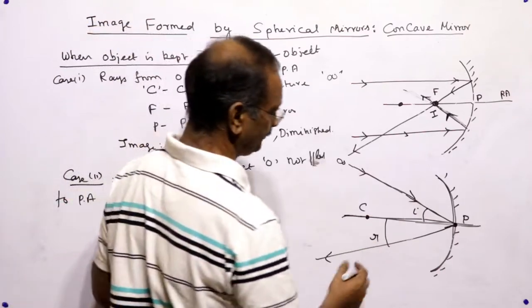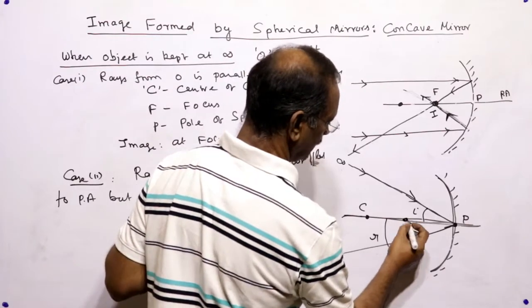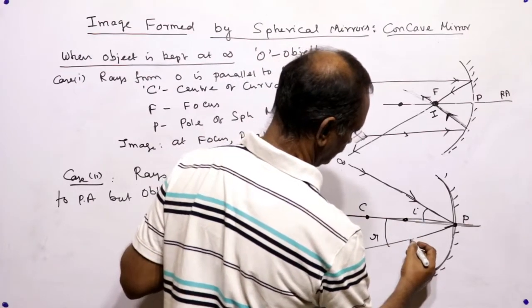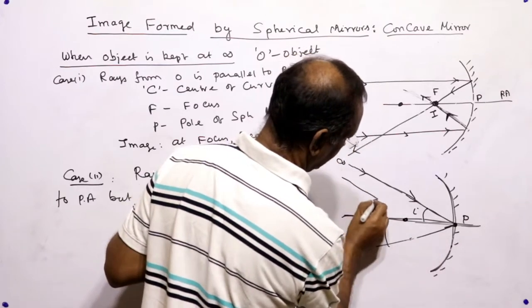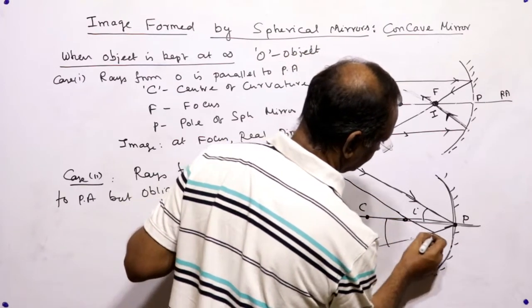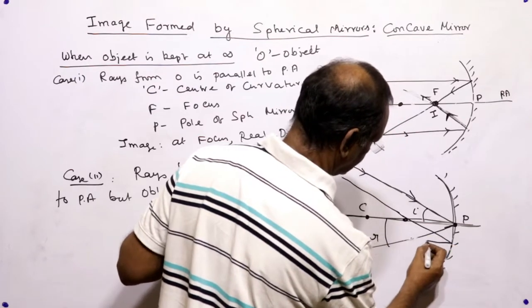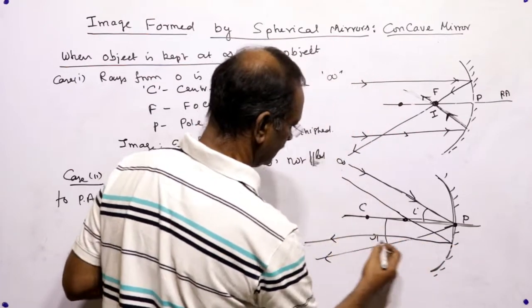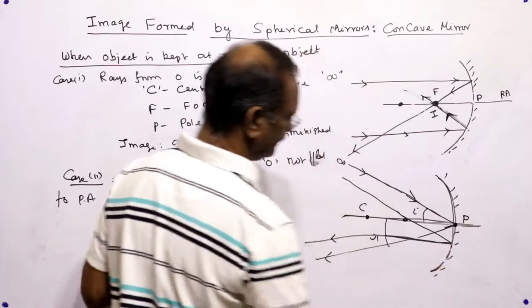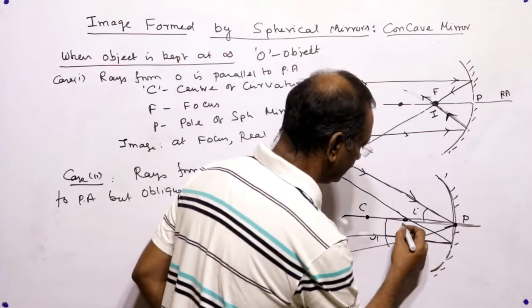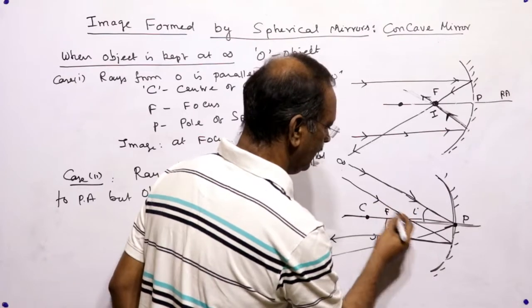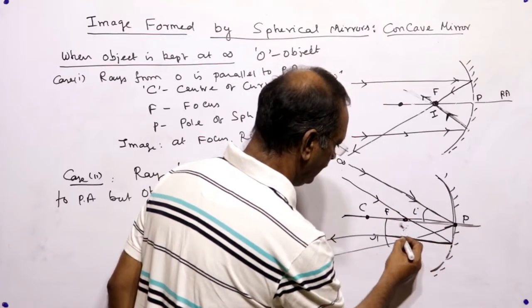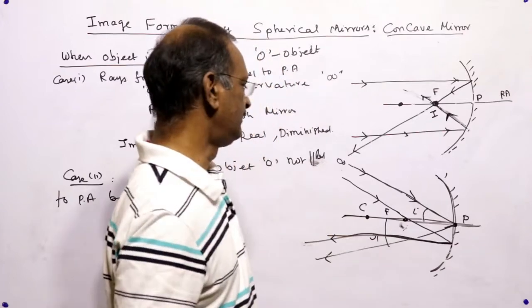We'll take another one, which is passing through the focus. These are parallel rays, but not parallel to the principal axis. When a ray is passing through the focus, after reflection it will go parallel to the principal axis.